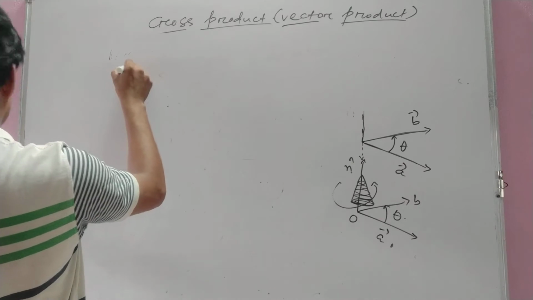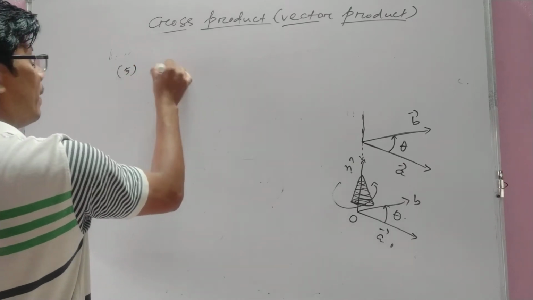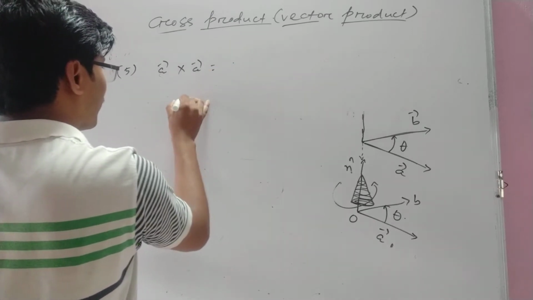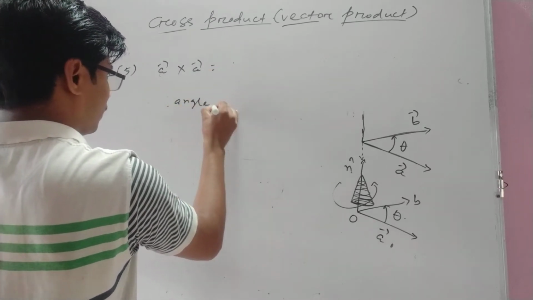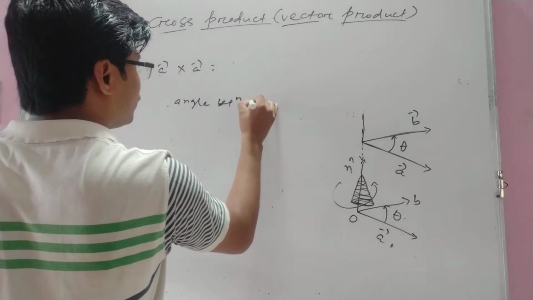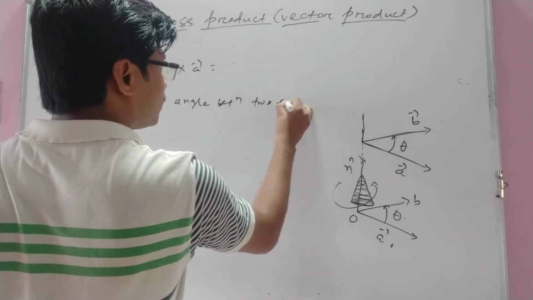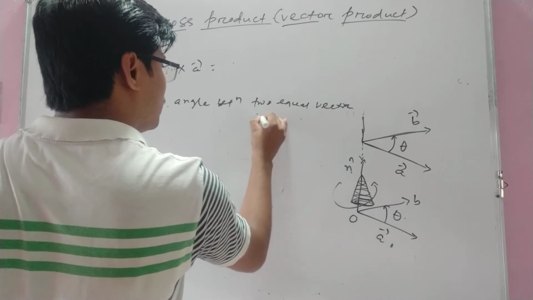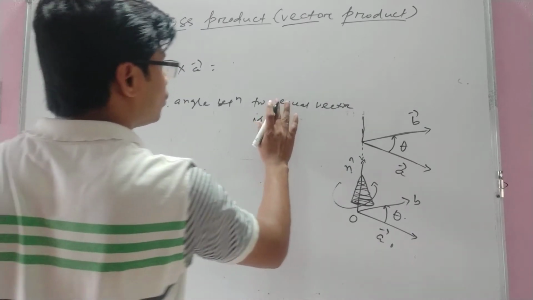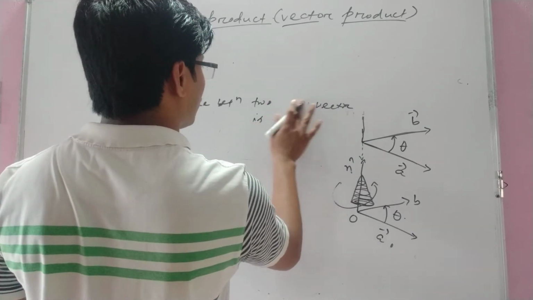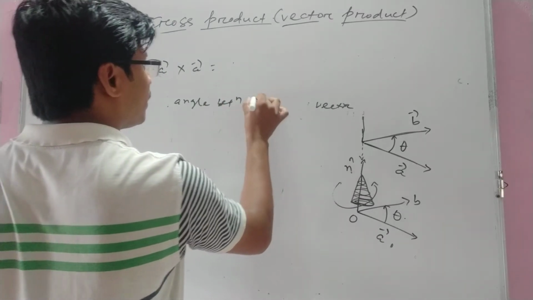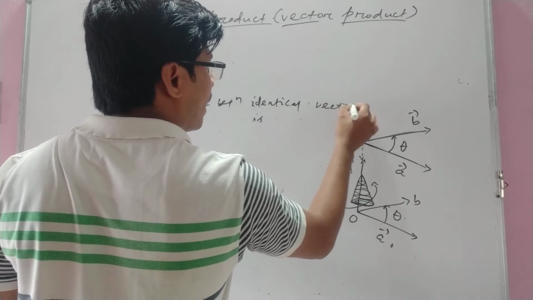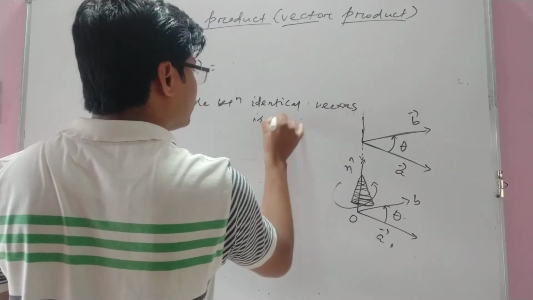So A vector cross A vector is equal to magnitude A, magnitude A, sin 0 n cap, because the angle between identical vectors is 0.